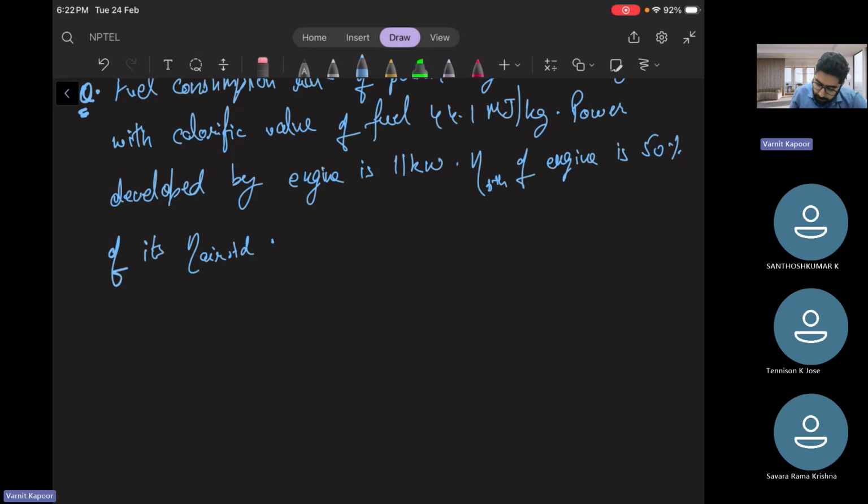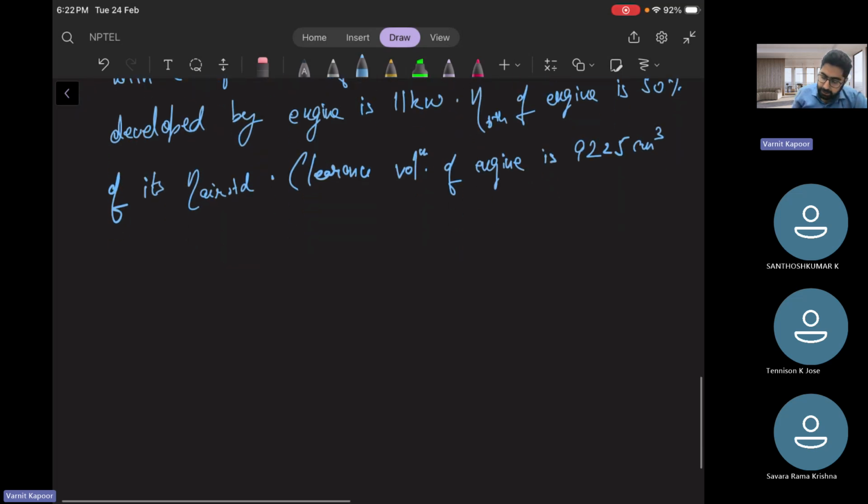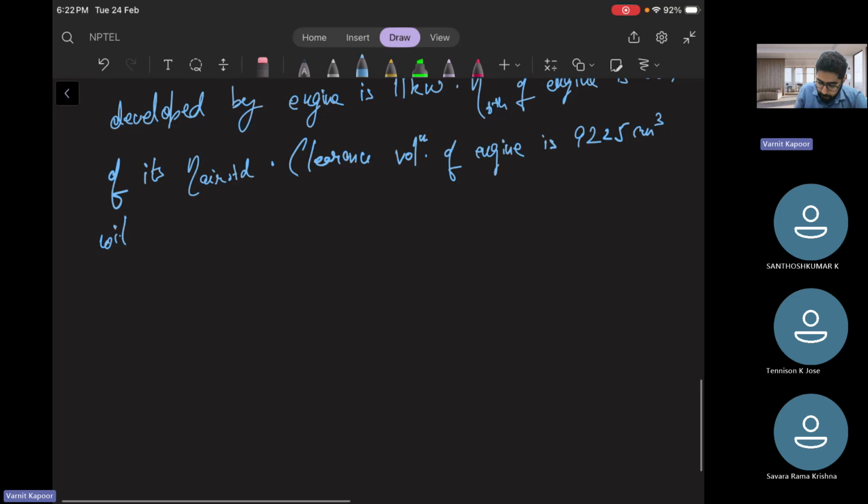Clearance volume of the engine is 925 centimeter cube, with compression ratio of 1.5. You need to determine cylinder dimensions.